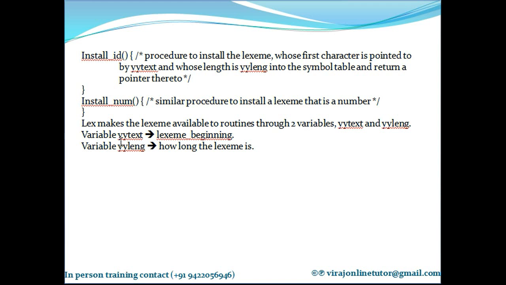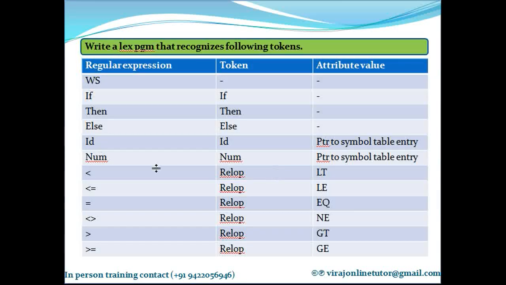Similarly, if for example we take another token, let's consider then. YY text will point to T. So YY text points to the first character of a lexeme in a particular token.